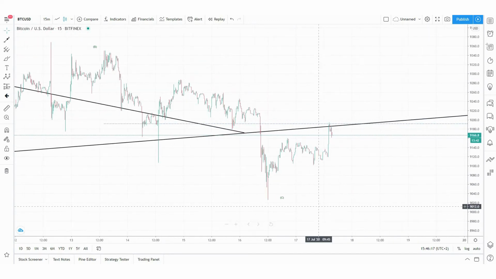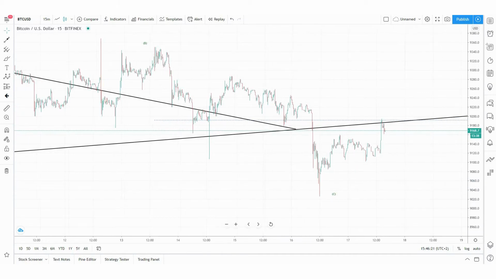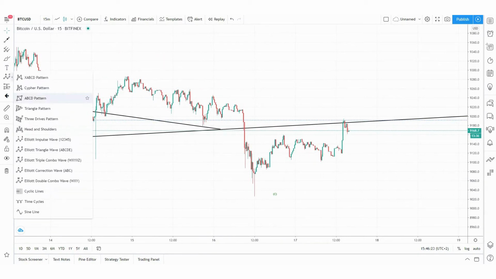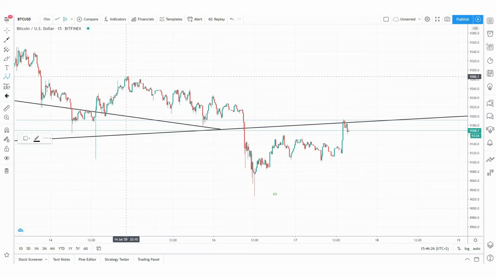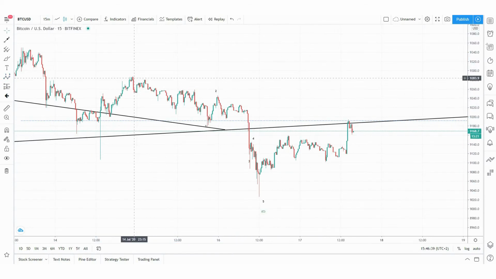So let's see if that can be. And yeah, I don't want to go that far into analyzing this price action, but just looking at it, we could have seen something like this 1, 2, 3, 4, 5 being this C wave.